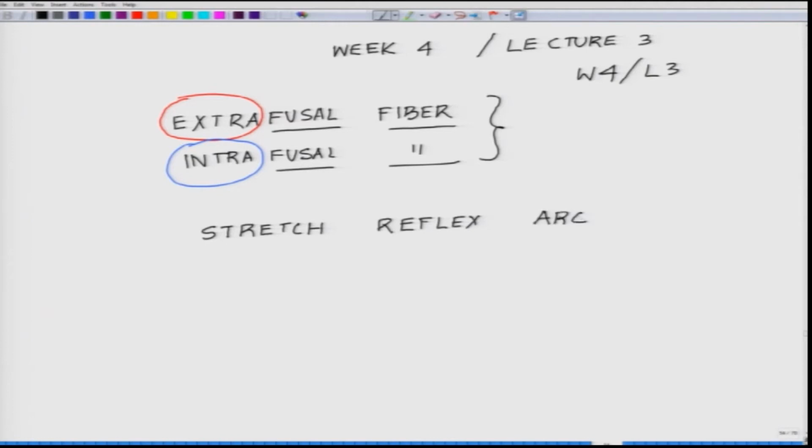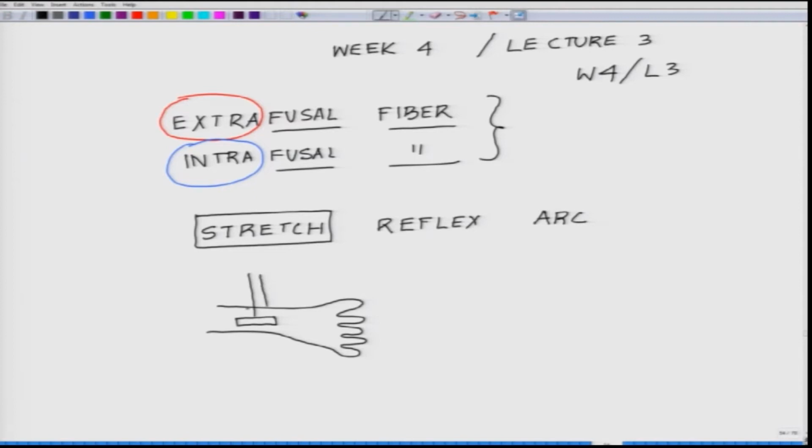So if you divide the word, there is a stretch in the muscle. So here, I pick up an area out here in the muscle. So I apply a force with a hammer.